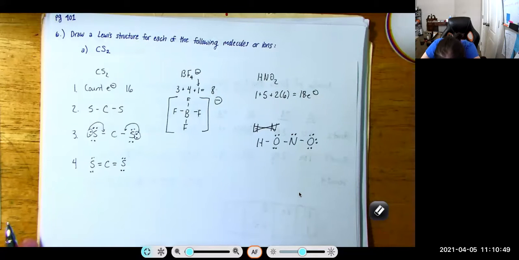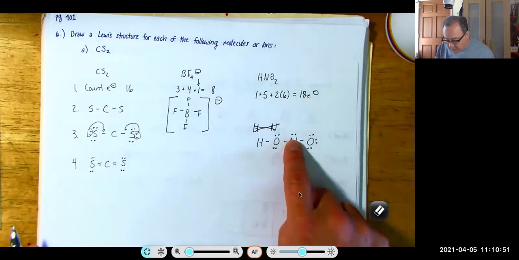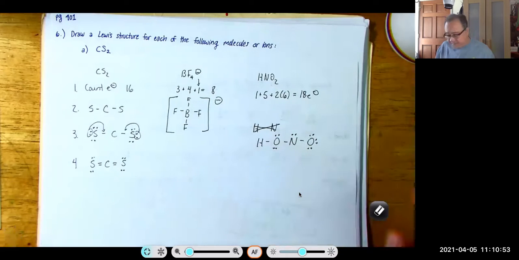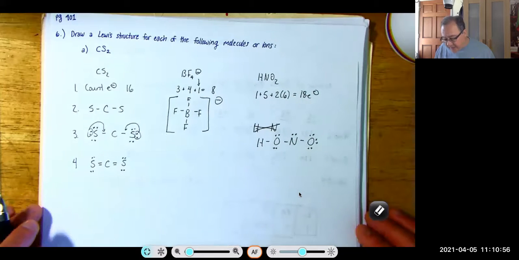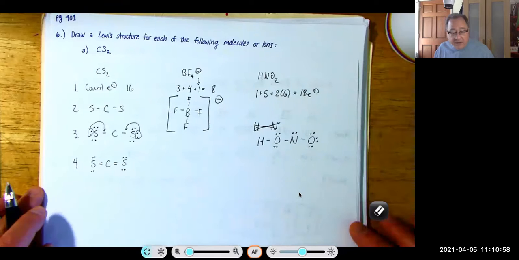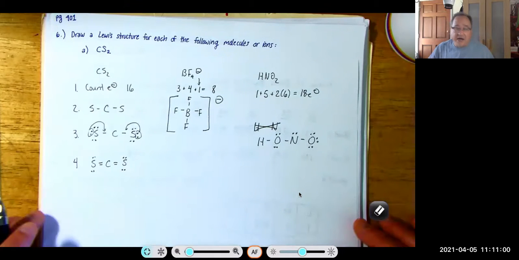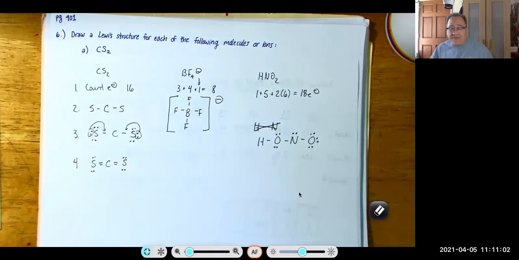You might be wondering, why did I put lone pairs on the oxygens before the nitrogen? For now, we're going to say that you put the lone pairs on the one that you expect to have a higher electron attachment energy.